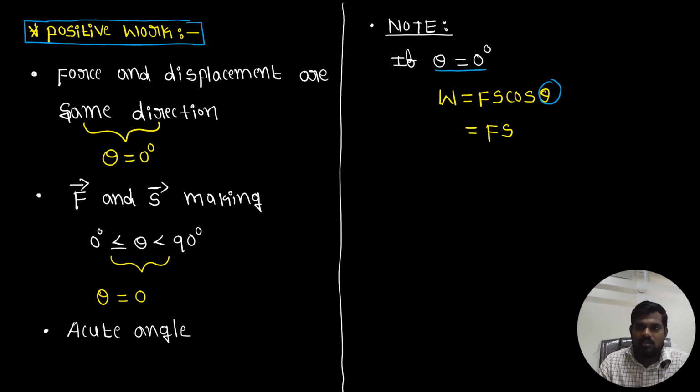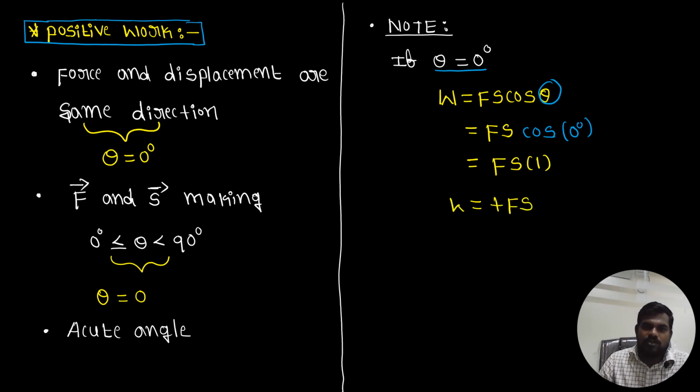Then cos 0 degrees is nothing but 1. So that is equal to positive Fs. So this is the positive work done. If you take 45 degrees also, cos 45 degrees is 1 by root 2, then F s by root 2 will come, but that is positive in that case. So this is about the positive work.